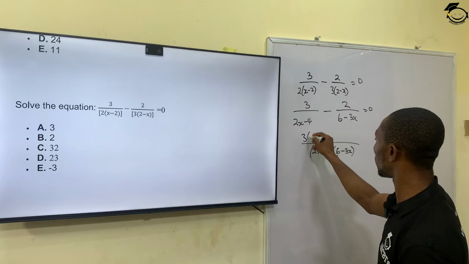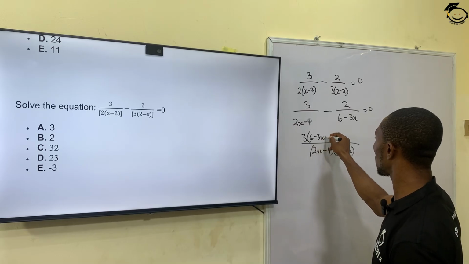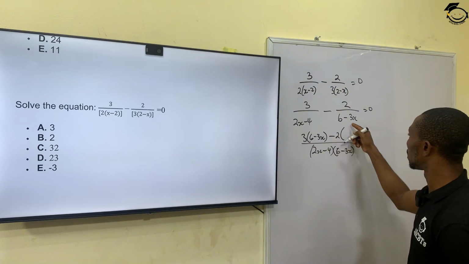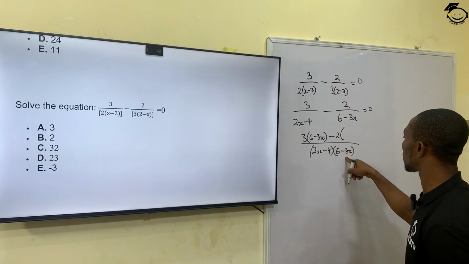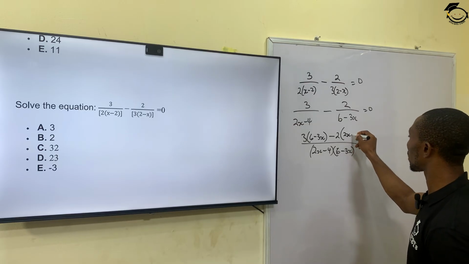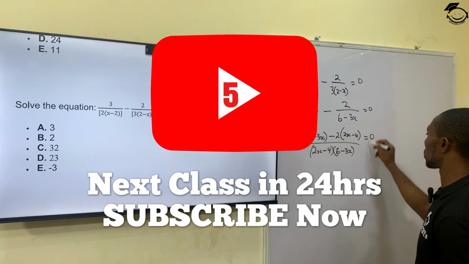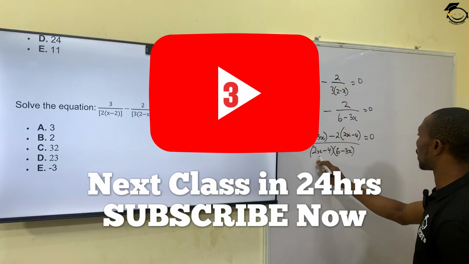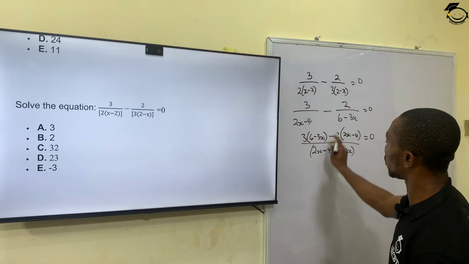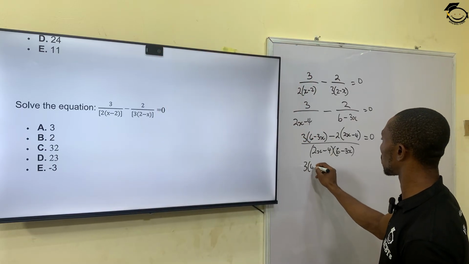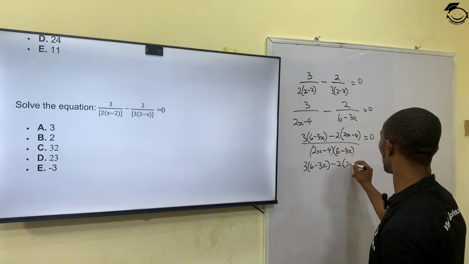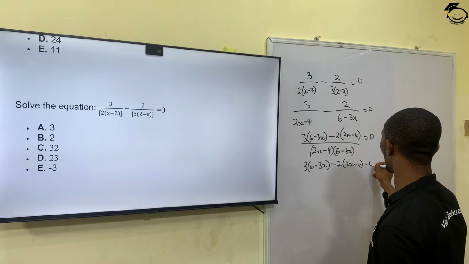So this becomes 3(6 minus 3x) minus 2 times... 6 minus 3x here will leave us with 2x minus 4, 2x minus 4 equals 0. Now, if you cross multiply, this multiplied by 0 will give us 0. So we're having our numerator as 3(6 minus 3x) minus 2(2x minus 4) equals 0.